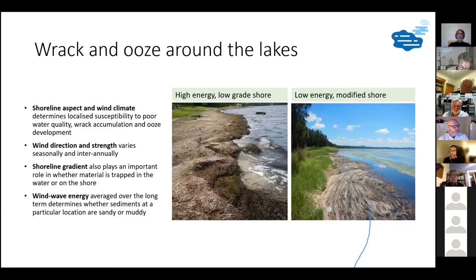That is one of the major factors as to whether or not we see ooze developing on a particular shoreline. Some shorelines, such as along Berkeley Vale, have on average much less wind wave energy, and therefore they're much more susceptible to ooze development.